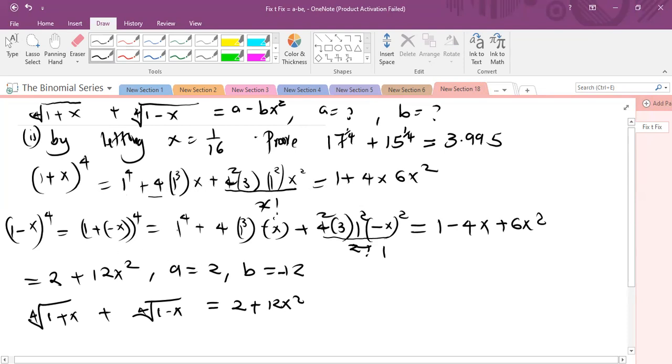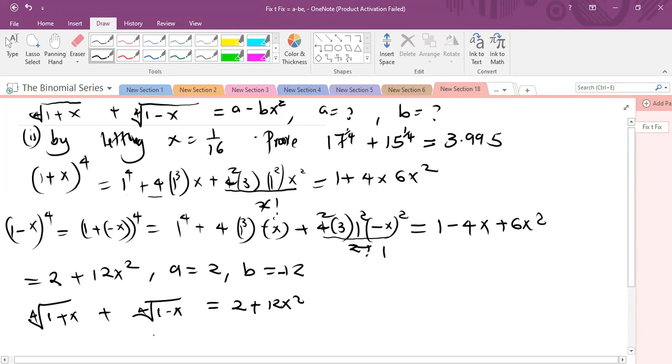And then expanding this one, this is 1^4 plus 4(1), then this is minus x, and then this is 4·3·1 times (-x) squared. So this will give minus 4x, and then this other side, we have 6x squared. So that's okay. So b is minus 12, and a is 2.